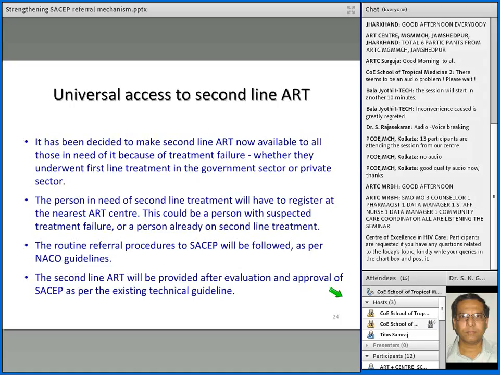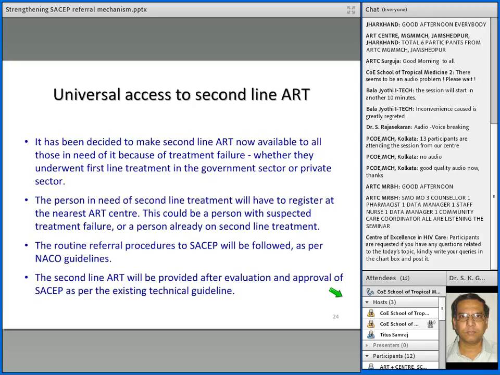What to do in those cases? The person in need of second line treatment will have to register at the nearest ART center. This could be a person with a suspected treatment failure to first line, or a person who is already on second line treatment.